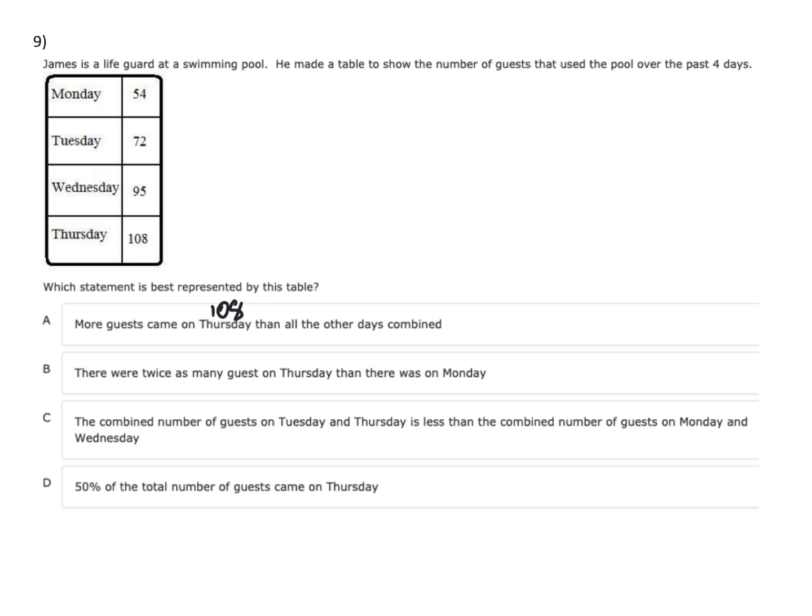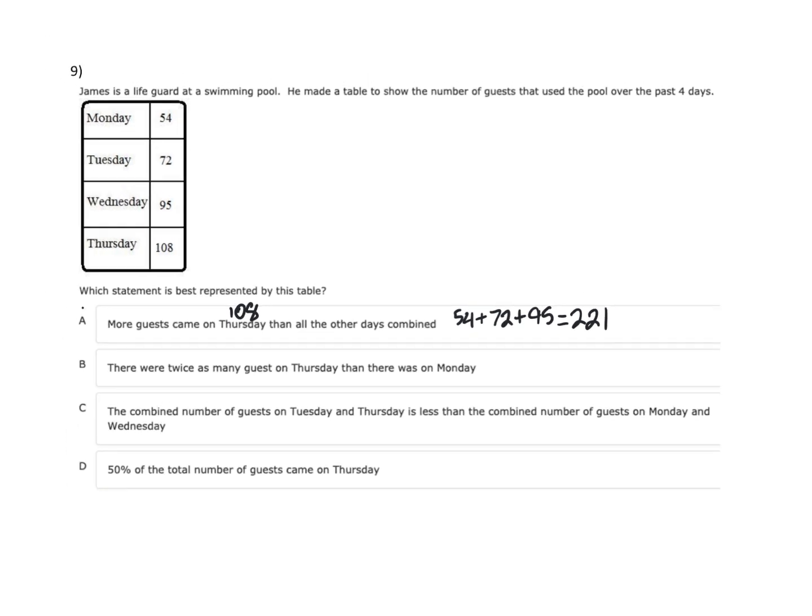So we need to add 54 plus 72 plus 95. Those are the rest of the days. When we add those up, it equals 221. So the statement, more guests came on Thursday, which is 108, than all other days, would be false.